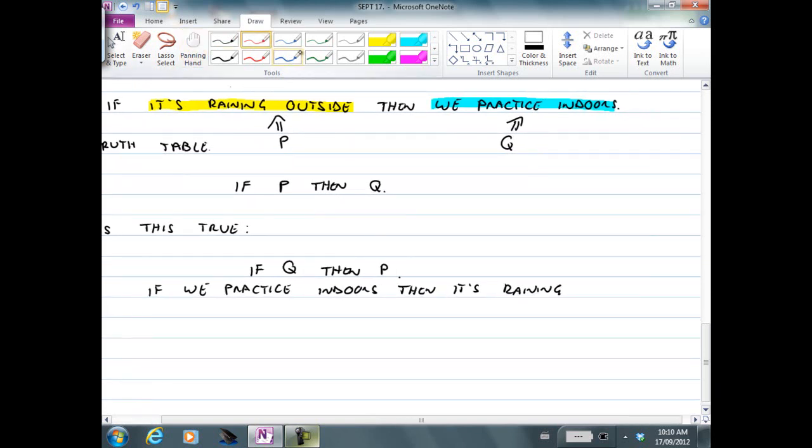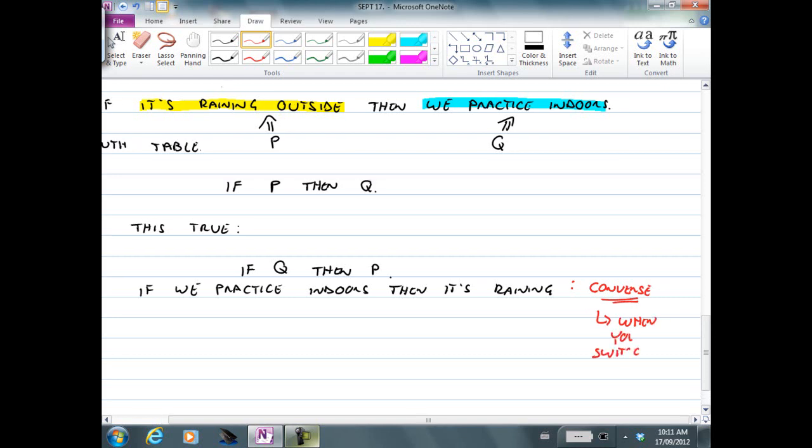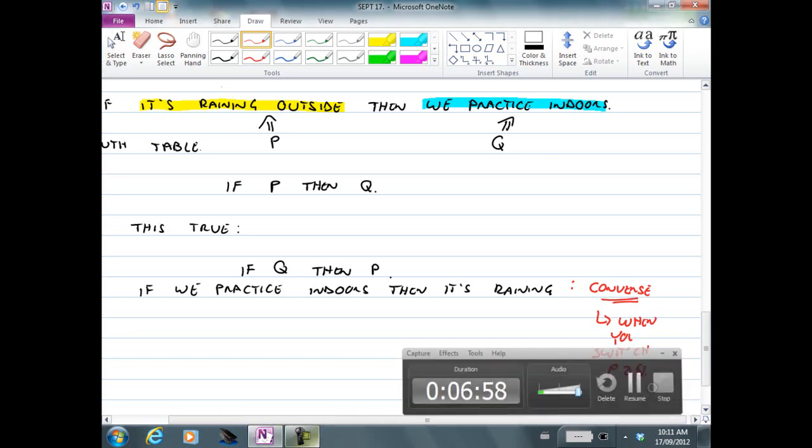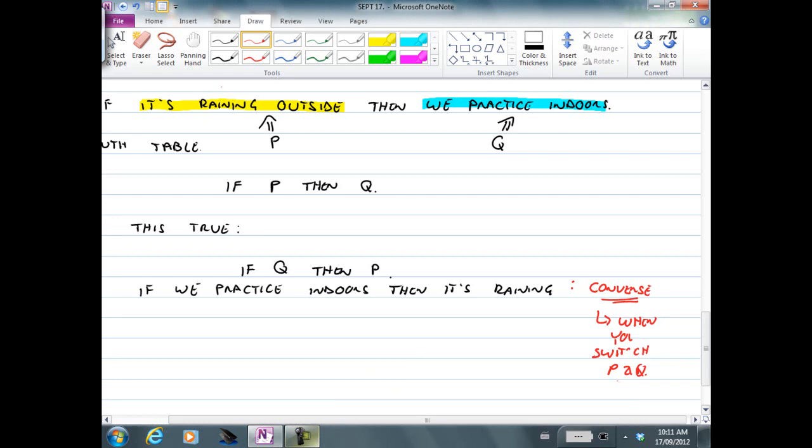This is called a converse, and you're going to need to know it. A converse is when you switch P and Q around. See, all this applies in real life.